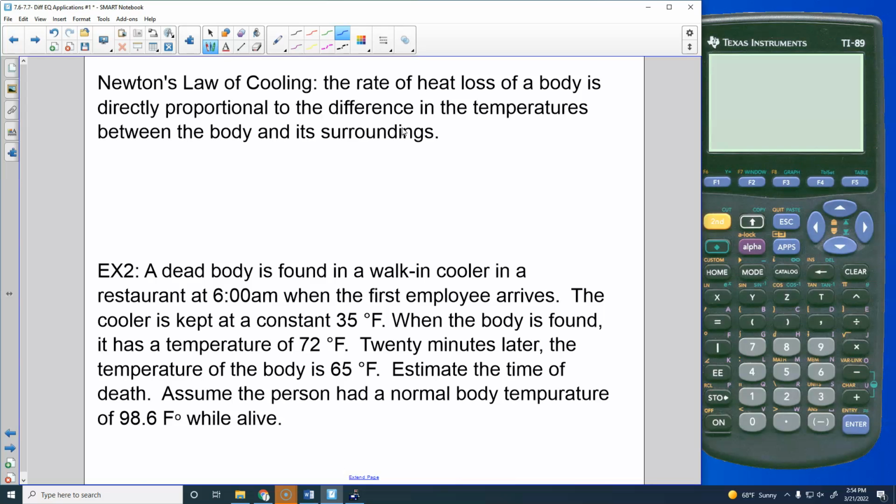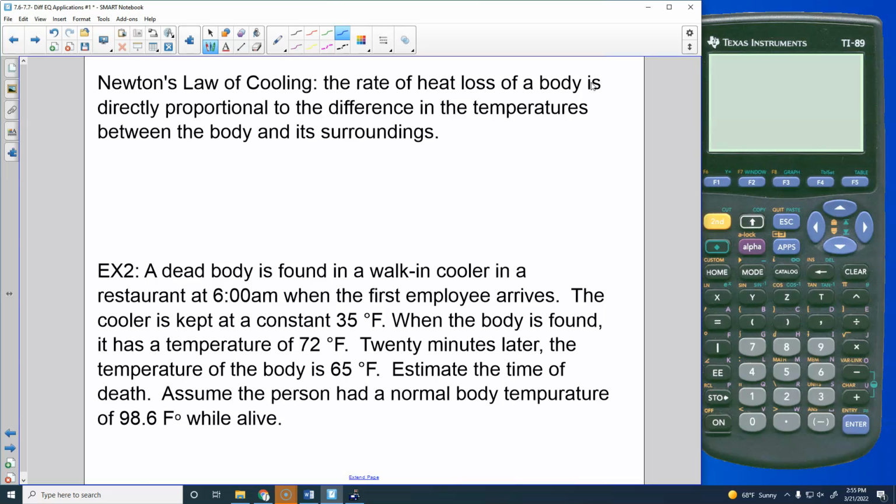So we will start with the differential equation. This will be a little bit different, although still kind of similar to what you guys did with Coach Wood. So the rate of heat loss of a body is directly proportional to the difference in the temperatures between the body and its surroundings.